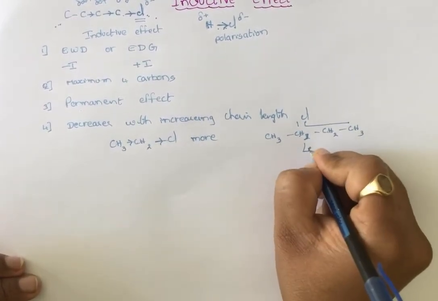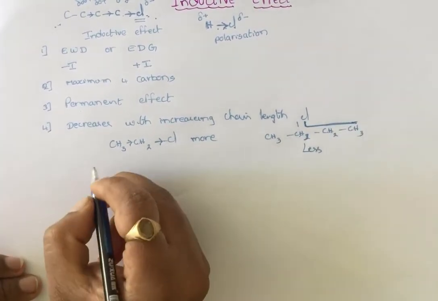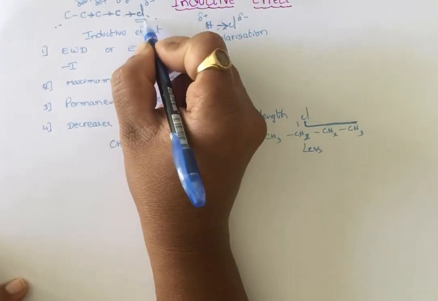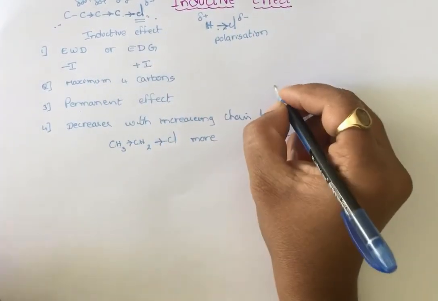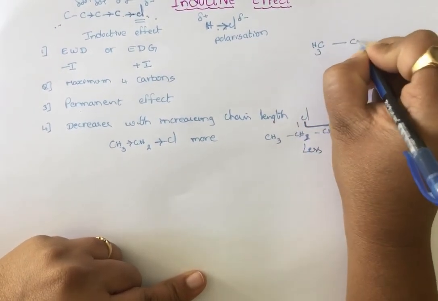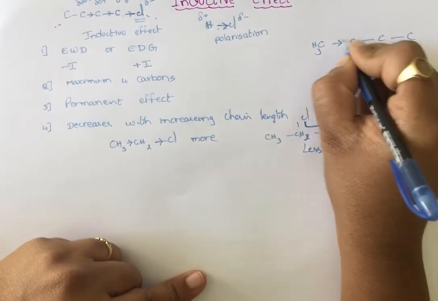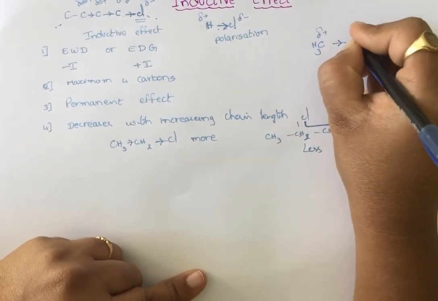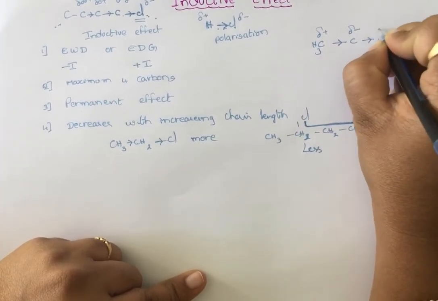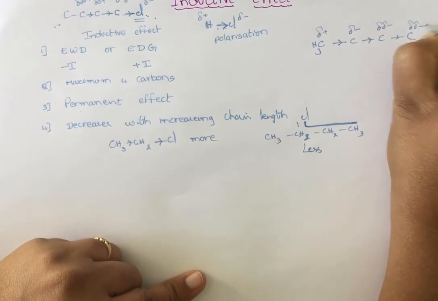Here it is less. Meaning with an increasing number of carbons, generally the effect decreases. Whenever there is a withdrawing group, it will show minus I, and when there is a donating group like methyl, it will donate electrons and develop a partial positive charge, and further it will develop a negative charge, and it's a chain reaction.